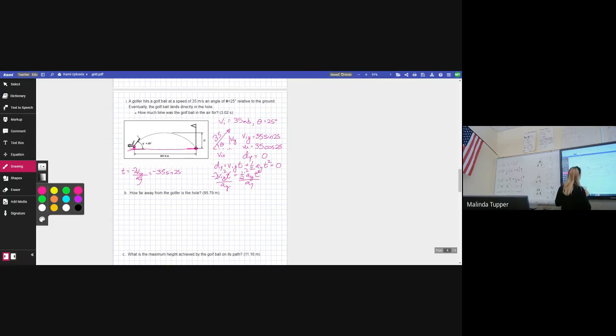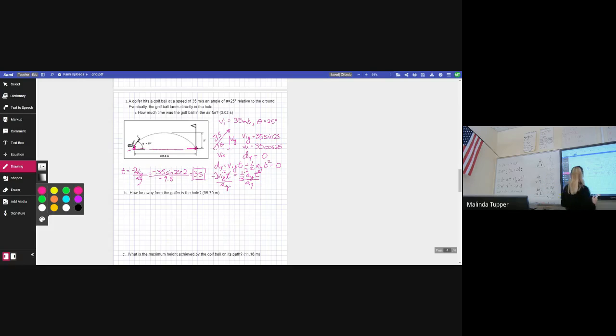That's what you get for doing multiple steps at once, right? Now if I plug those numbers into my calculator, I get 3 seconds, or 3.02 seconds.